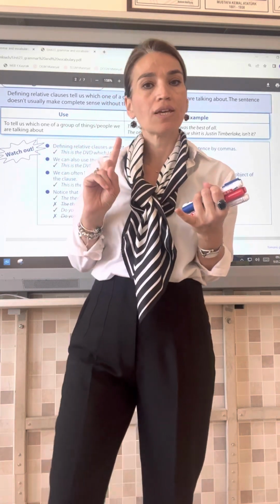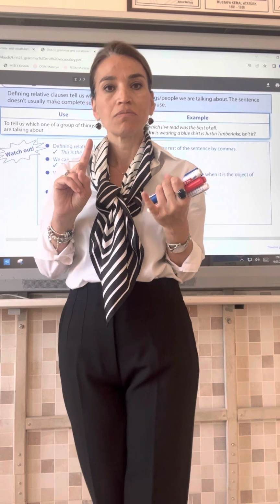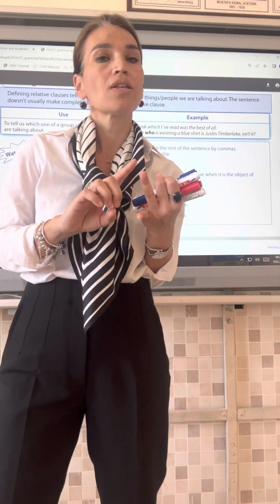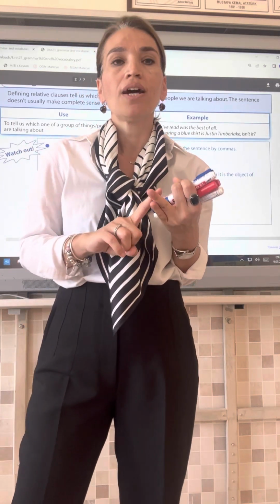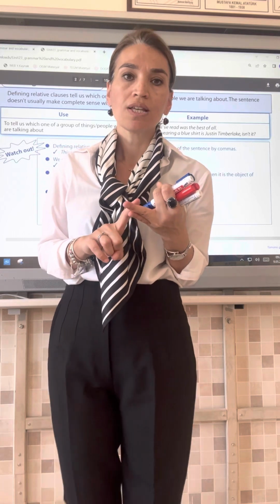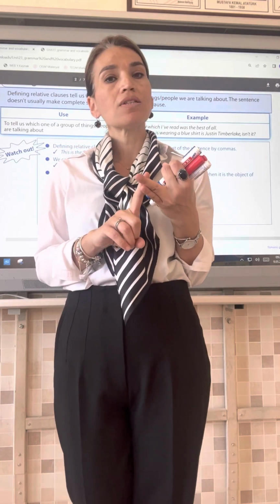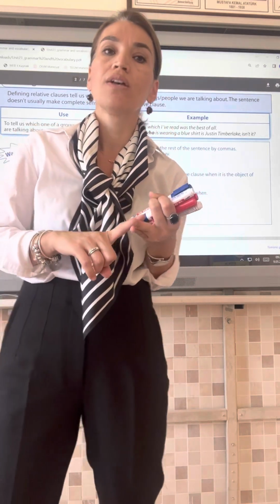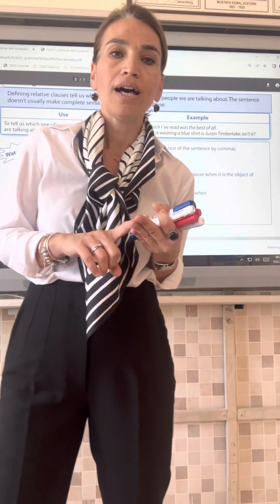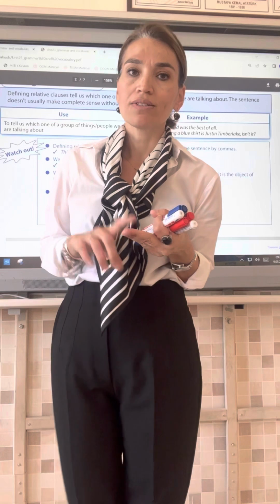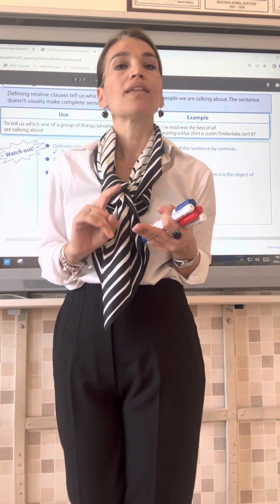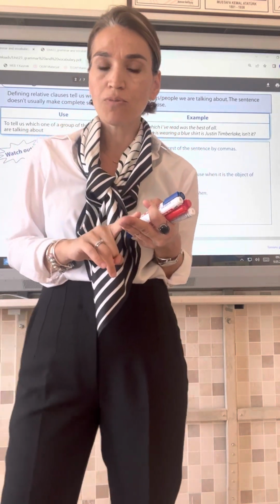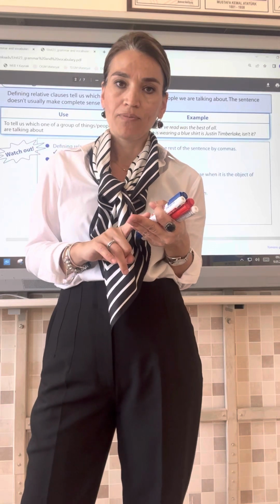If we want to give information about something, then we use the pronoun which in our relative clauses. If you are talking about a place, then your relative pronoun will be where. And if you're talking about time, then your relative pronoun will be when.